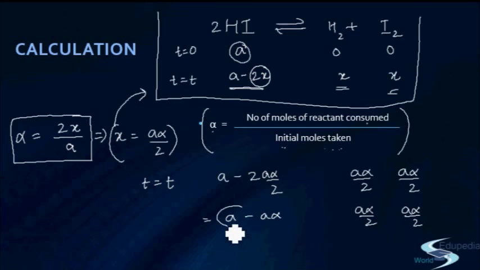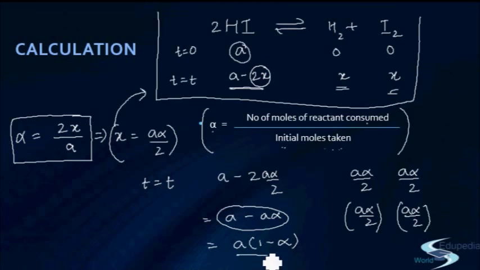So here, if I take A common, the actual amount of HI left with me is A into 1 minus alpha. And these are the moles or the amounts of H2 and I2. So if you focus over here on the amount in terms of moles of HI, it is A into 1 minus alpha.